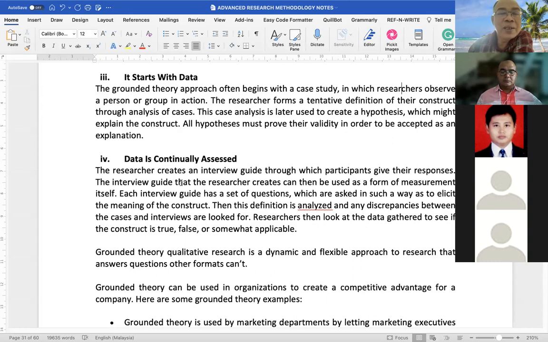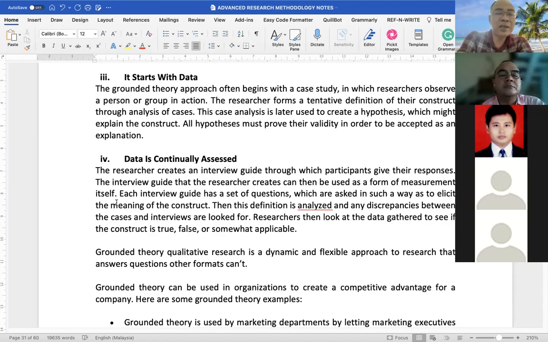For example, the researcher creates an interview guide through which participants give their responses. The interview guide that the researcher creates can be used as a form of measurement. So, form of measurement maksudnya interview itu akan jadi satu instrumen untuk researcher itu mengumpulkan data. Interview is an instrument for the researchers to collect the data, right?